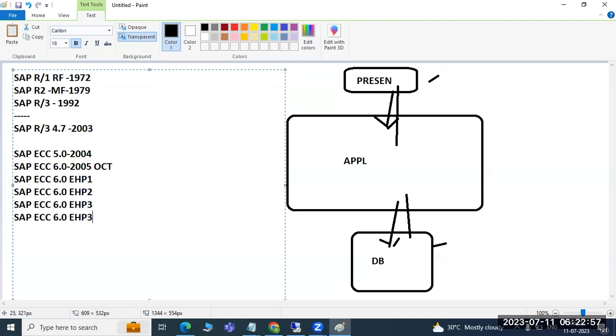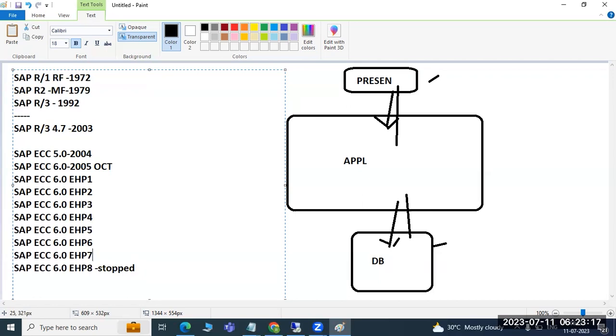Every year one new enhancement package was released. Let me write all these down here. They stopped at EHP8, SAP ECC 6.0.